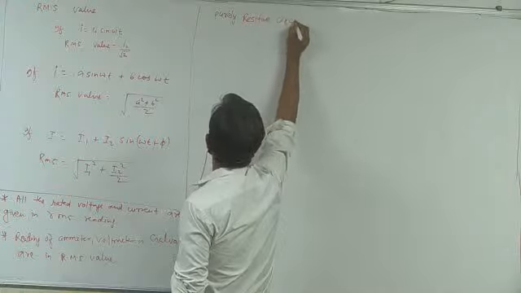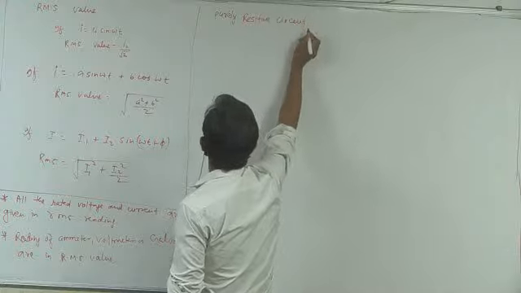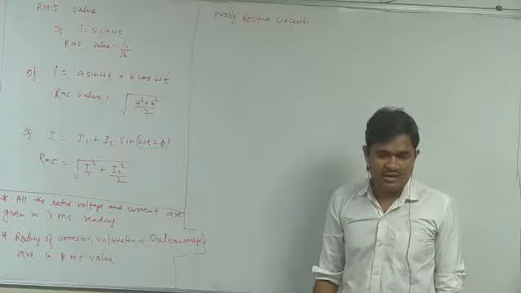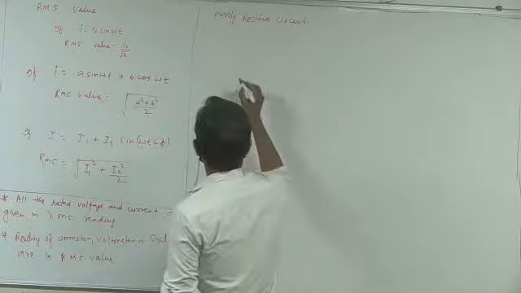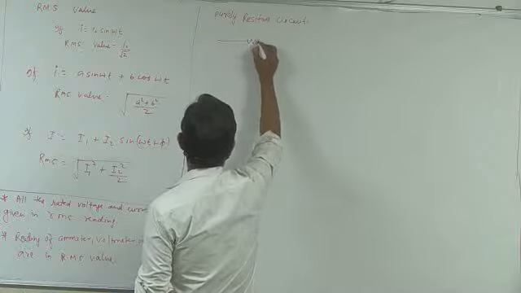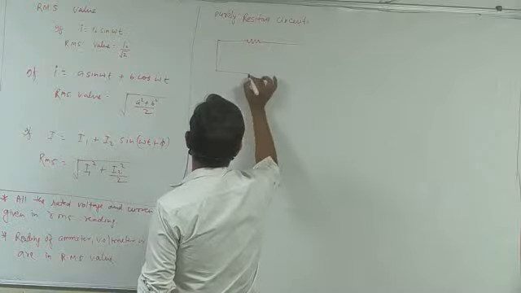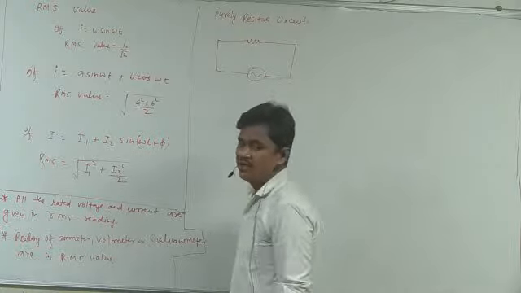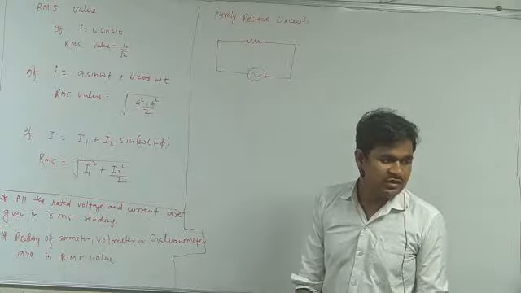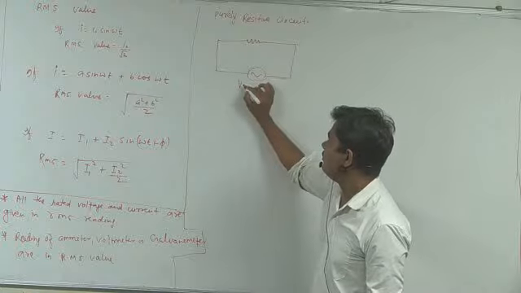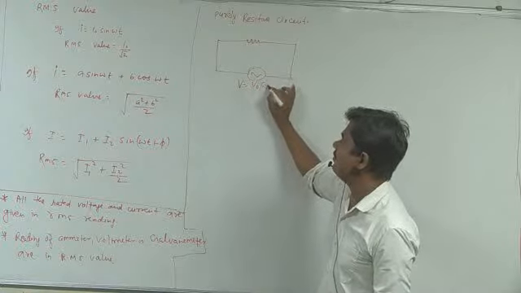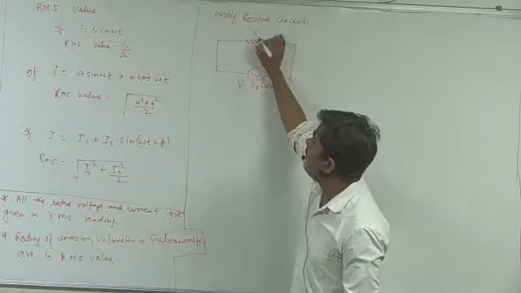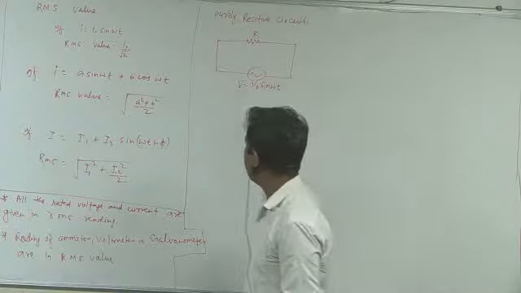In a purely resistive circuit, you will have a resistor which is connected across an alternating source. This alternating source is V equals V naught sine of omega t. Resistance is R. Apply KVL in the circuit.